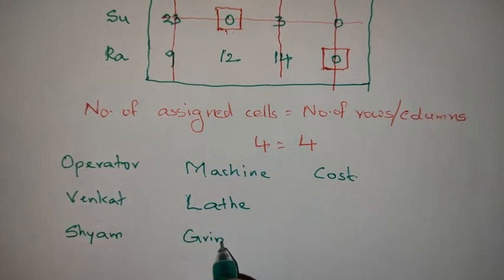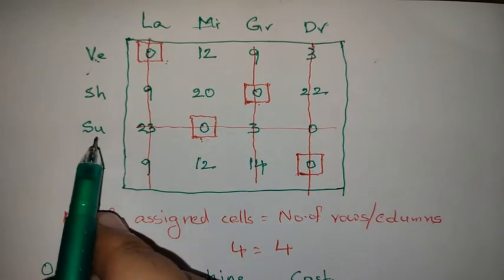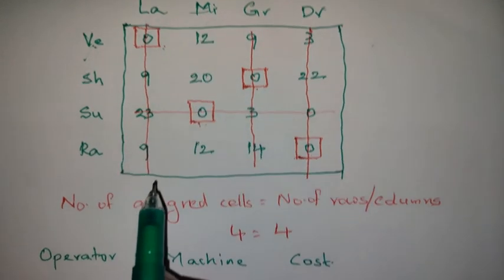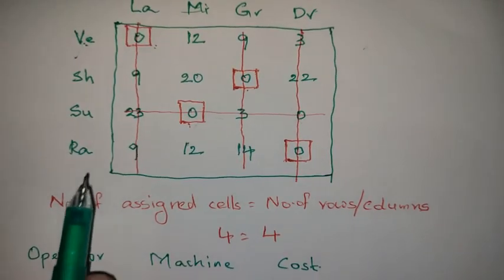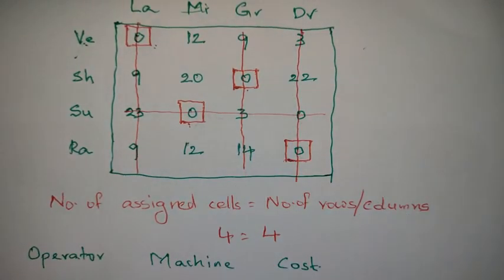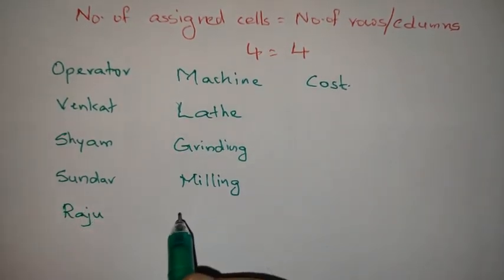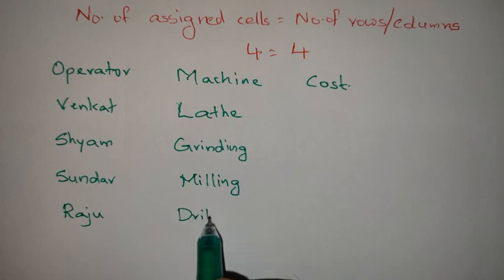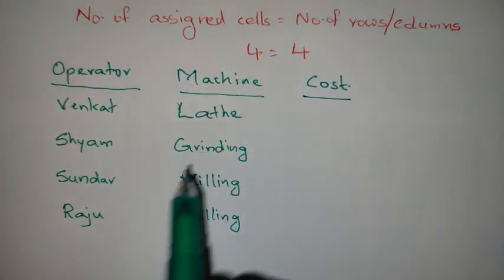Shyam is associated to grinding machine. Next Sundar. Sundar is assigned to milling machine. And next Raju. Raju was assigned to drilling machine. So like this, each operator was assigned to a single machine.